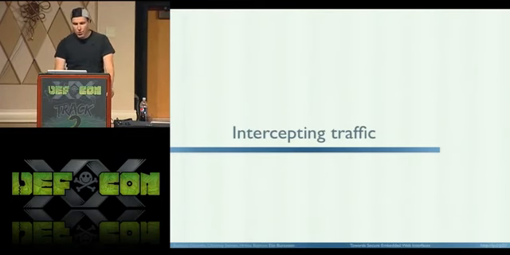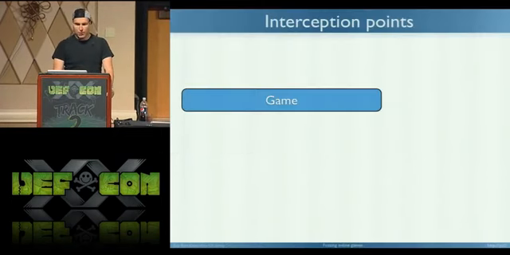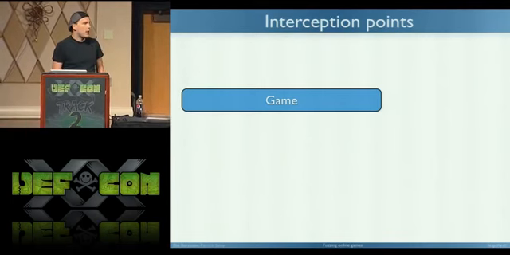So, intercepting traffic. There are mainly 3 ways of intercepting traffic. The first one is something well known, which is DLL injection. I'm speaking of Windows games. For Linux fans, it's more like LD_PRELOAD, where you try to overwrite a specific set of functions.